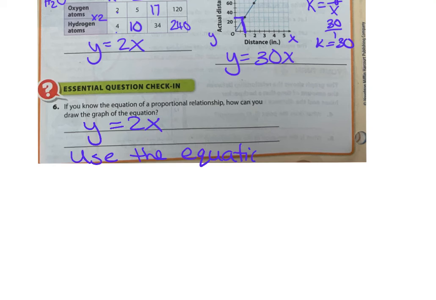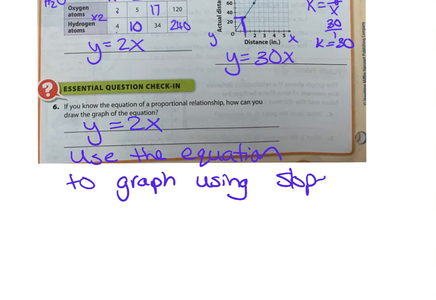Yeah, it's asking how do you make the graph. You're going to use the equation to do what? Go over to 2 on the x-axis, then go to the y. So you could go over 1 up 2, over 1 up 2. You could use the equation to graph using slope.